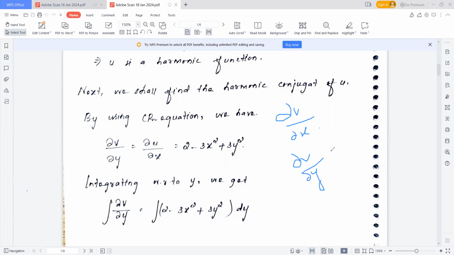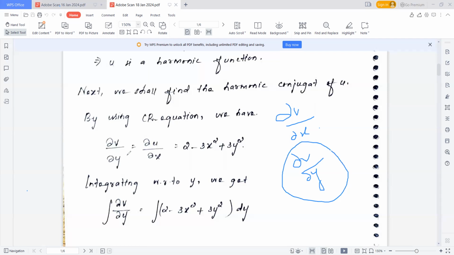Here we are going to use dou v by dou y. But what is dou v by dou y? It is equal to dou u by dou x. Since u is given, we are finding the value of dou v by dou y with the help of u. So dou v by dou y is equal to dou u by dou x, which is equal to 2 minus 3x square plus 3y square.